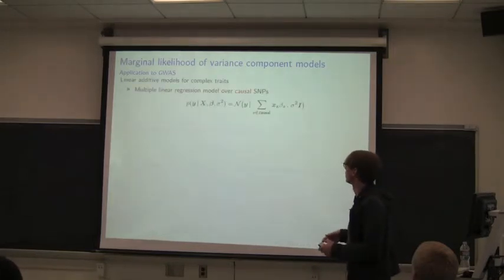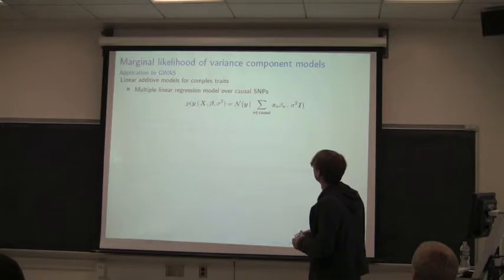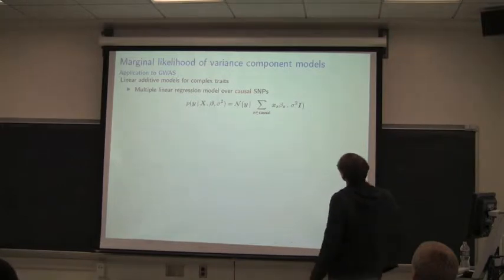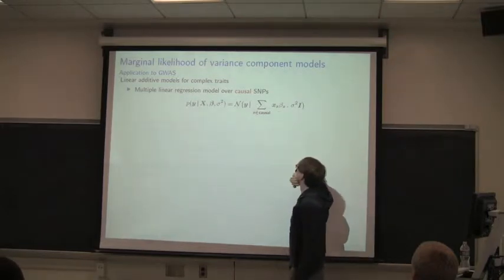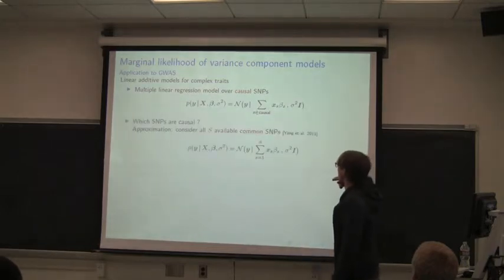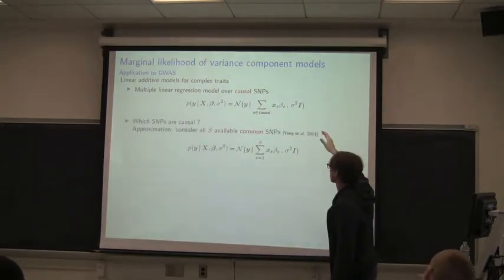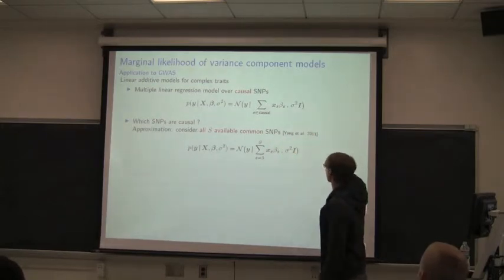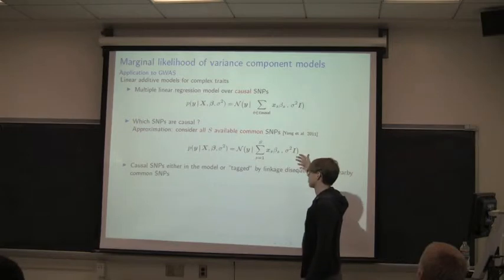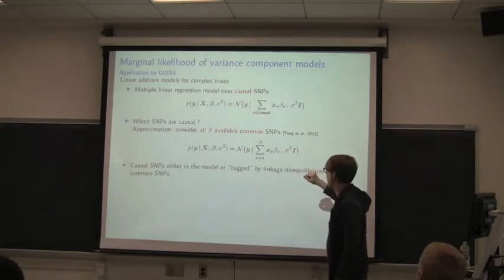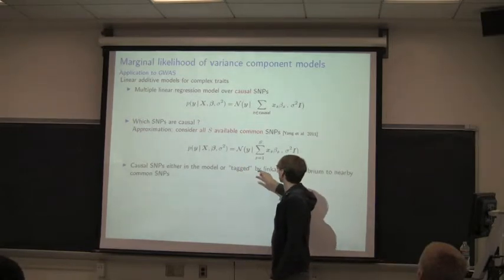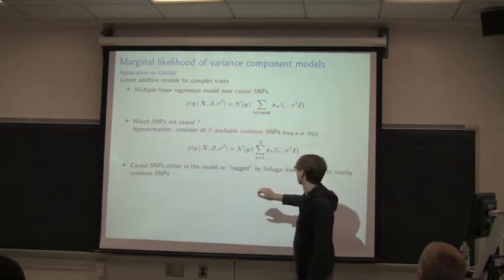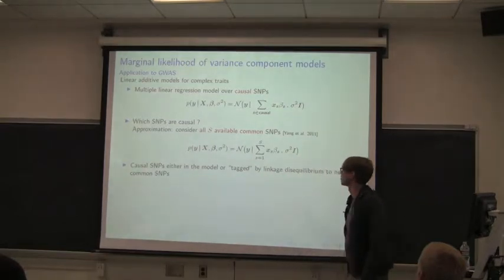This is something that Peter Visscher and colleagues have done extensively. Basically, we need the variance contributions of all these individual SNPs that are causal. We don't know what the causal ones are, so we use all the SNPs that we have, and then this model will explain the amount of variance tagged by these SNPs that we have.